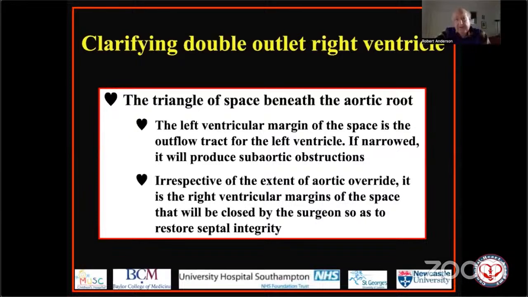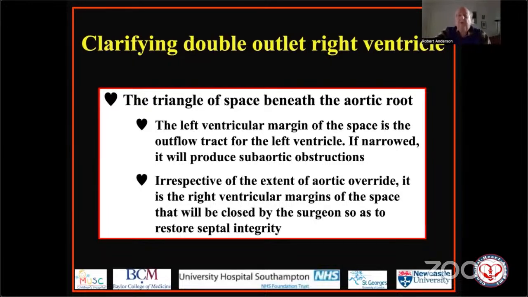But from the stance of correction, from the position, the extent of override, we need to know about that right ventricular entrance to the aortic root. Because always, during surgical correction, it is that right ventricular entrance to the aortic root that will be closed by the surgeon so as to restore septal integrity.